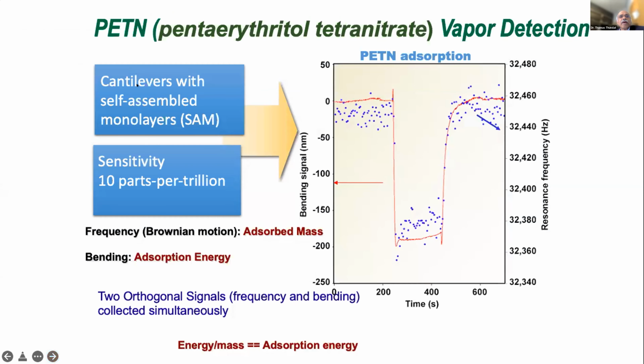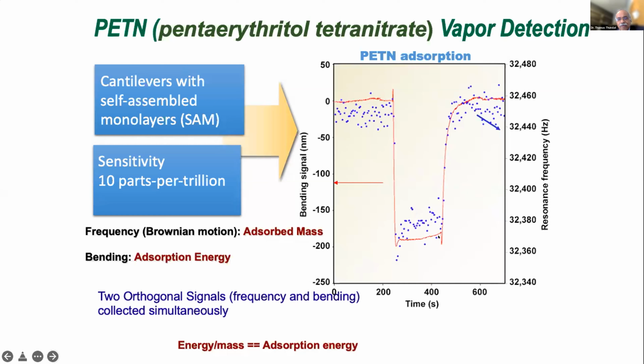And here is an example for PETN, which is an explosive vapor. This is an old result, with a cantilever immobilized with mercaptobenzoic acid, which is somewhat selective to explosives. The red line you see is the point where we inject PETN without changing the flow rate. The cantilever bends, reaches a steady state.